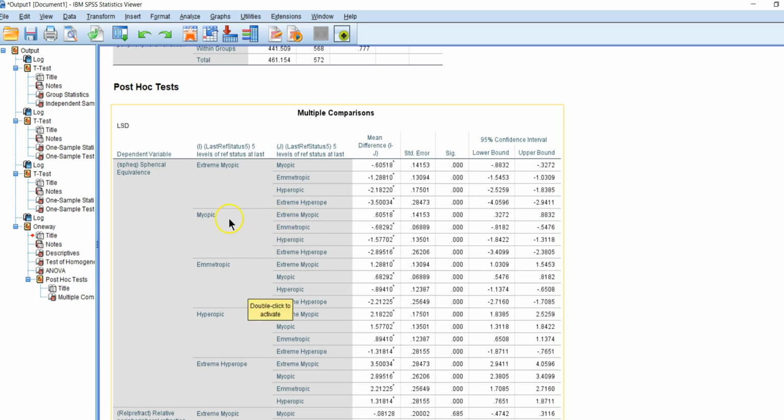You'll find that when we look at myope versus emmetrope here, the difference is minus with the standard, and the p is 0.000. If we were to calculate the effect size based on this, well, we'll do that in a second here, but you'll see that it's a little different from doing it the way we did it before with the t-test.